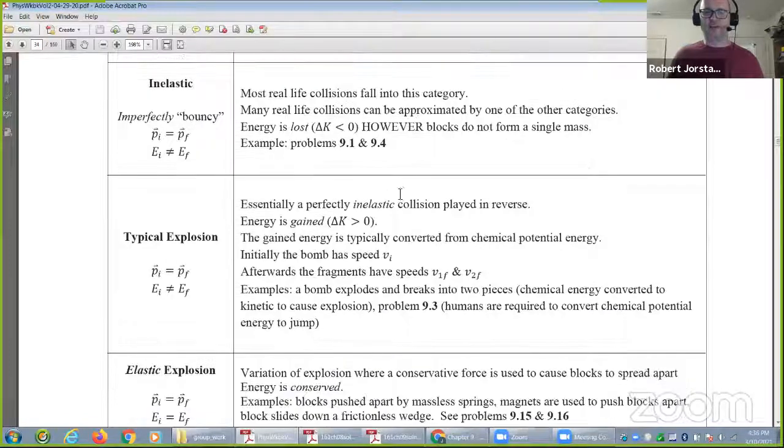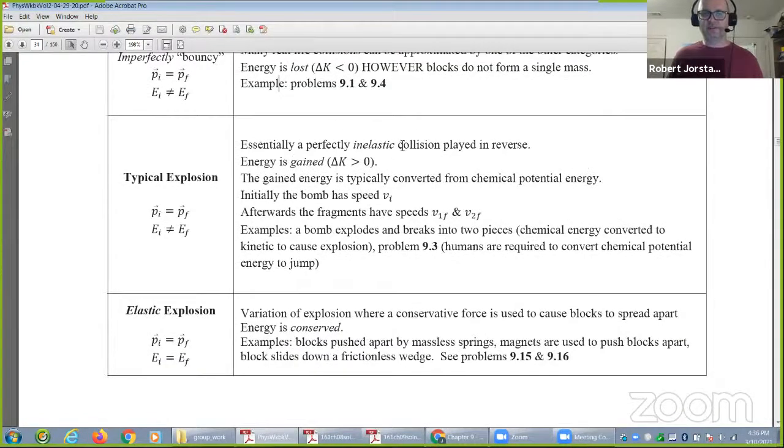All right, then explosions. Notice explosions are essentially collisions played in reverse. In a typical explosion, you have one object that splits into fragments, and you actually get a gain in energy during the explosion because you're converting chemical energy into kinetic energy.